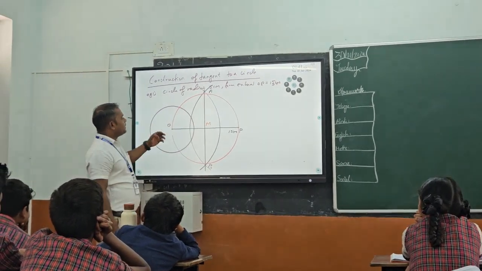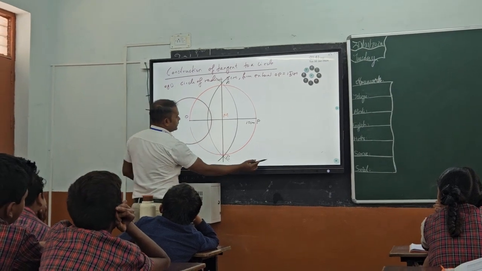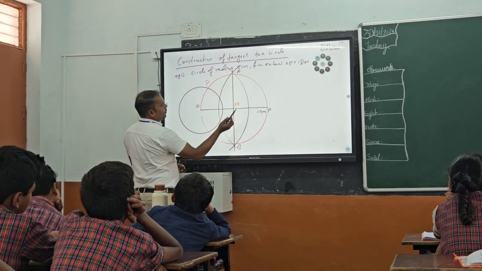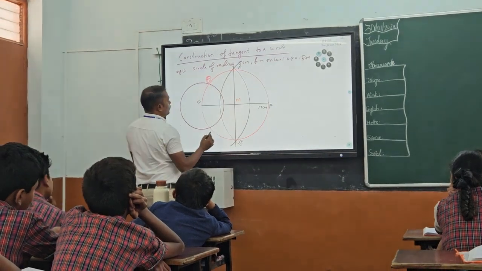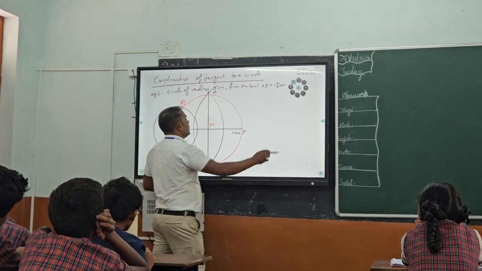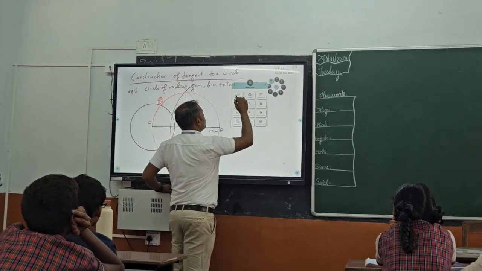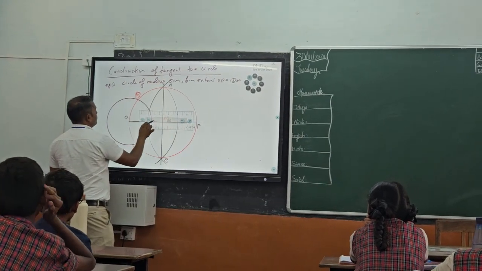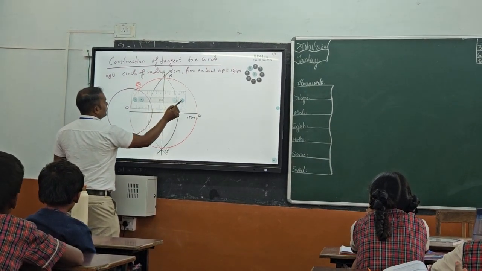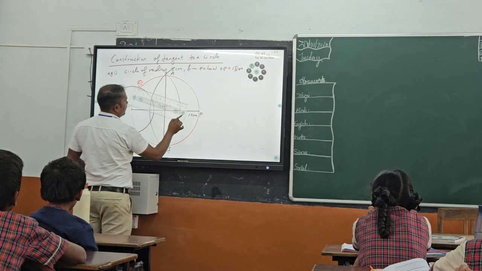This circle meets the previous circle at two points. Let this point be Q, and let this point be R. Now join the points P, Q and P, R.